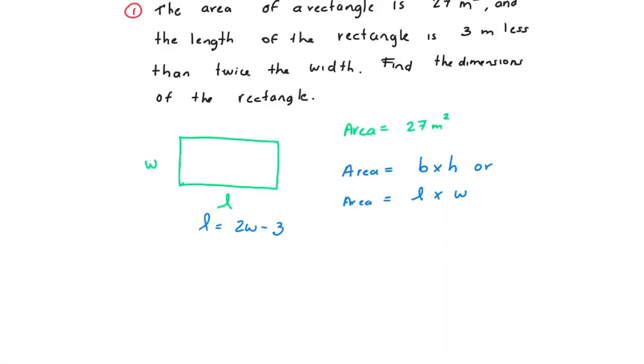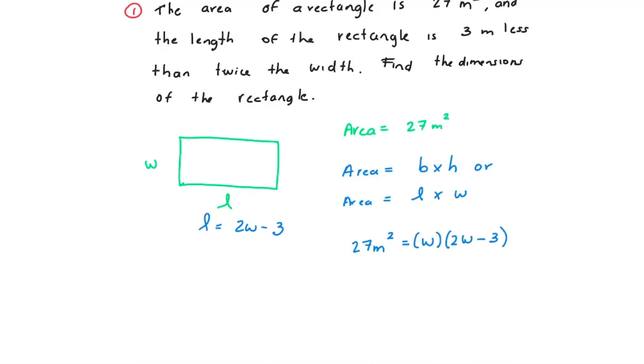We know that 27 meters to the second power is going to be equal to the multiplication of width times length. So it is W, the width, times the length, which is 2W minus 3. So from there is how we create an equation.